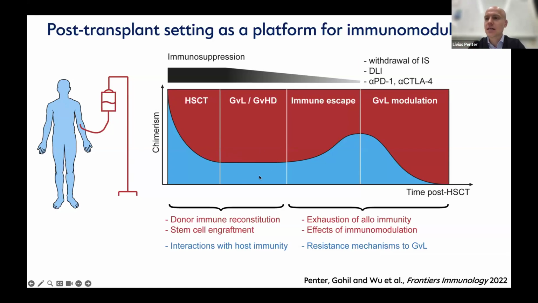There's oftentimes some residual disease and some sort of interaction between the disease and the donor cells. And then, unfortunately, quite a few patients will experience immune escape, meaning the leukemia learns how to escape donor control, and then a relapse will take place.